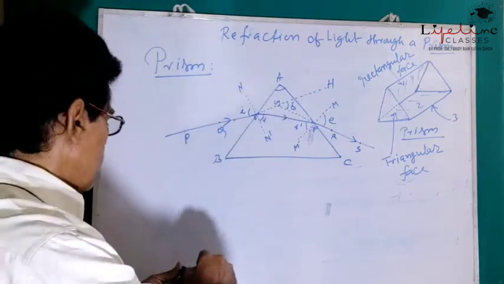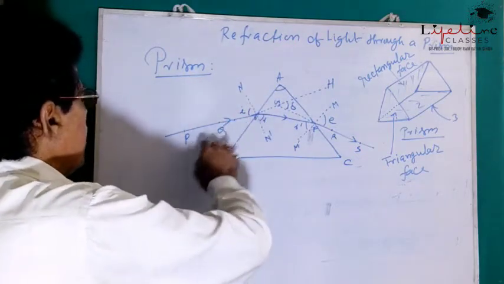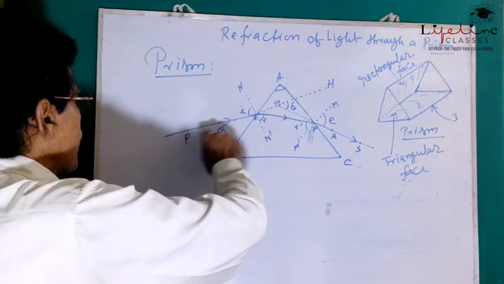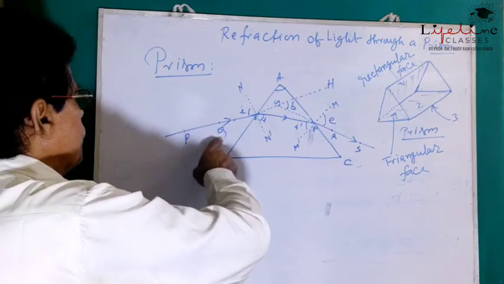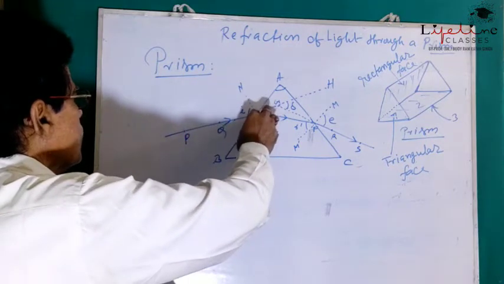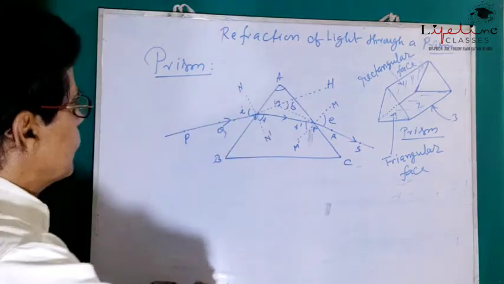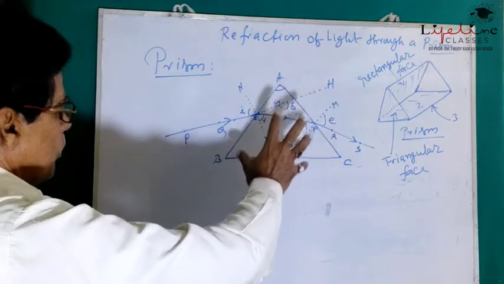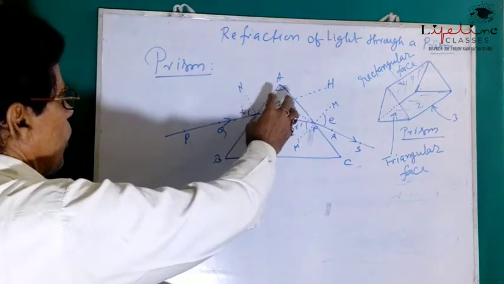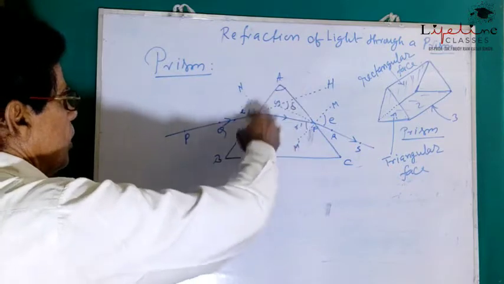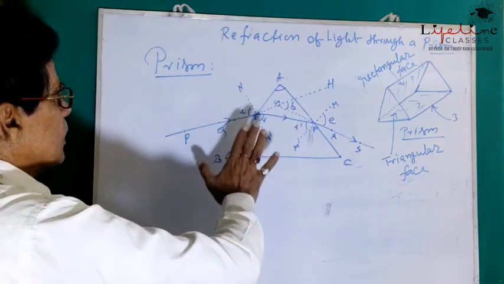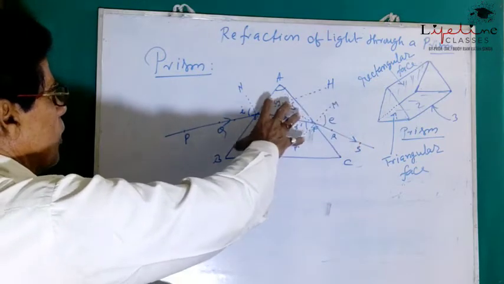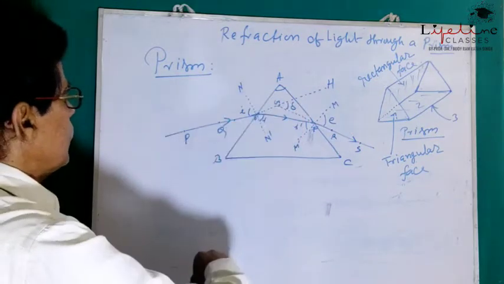Now, draw a straight line PQ just touching the face AB. Now, place the prism on the diagram such that the three sides of the triangular face coincide with the drawn outline.